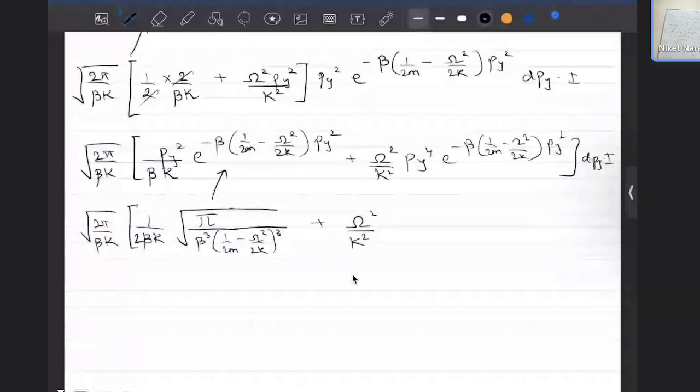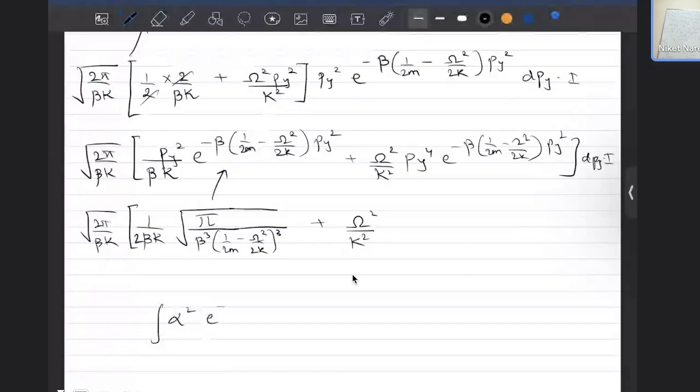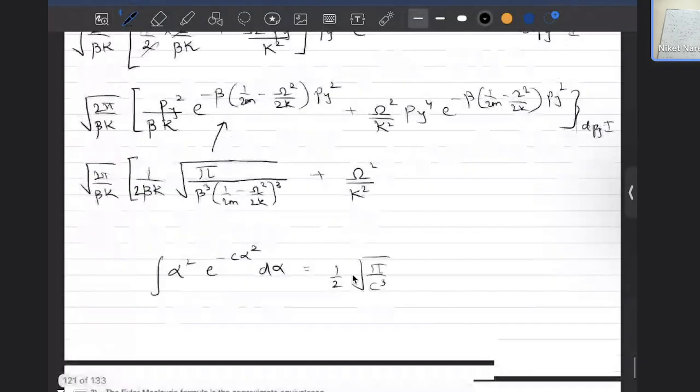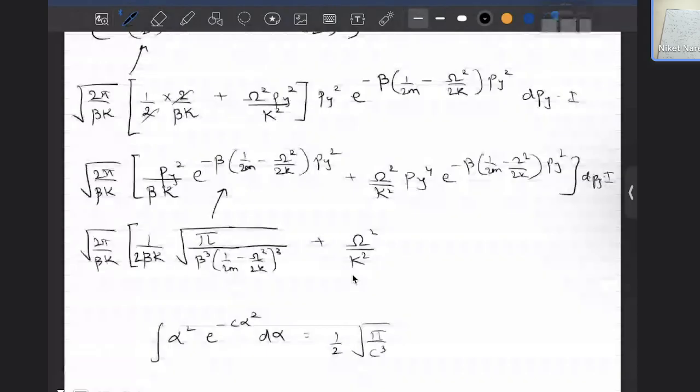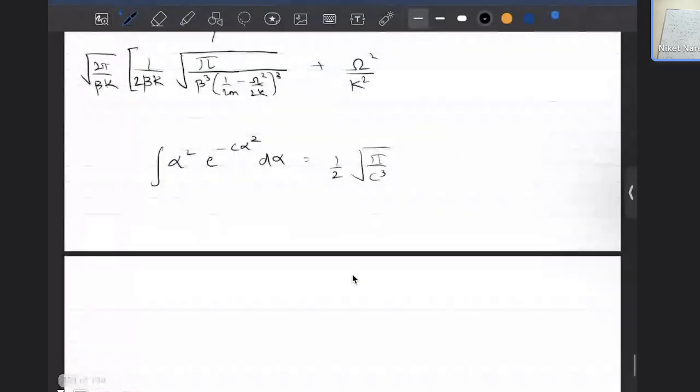Same thing, but this time for alpha power 4. We had seen till alpha square, right? The integral of alpha square e raised to power minus c alpha square d alpha was half square root of pi by c cube. Now take one more derivative of this with respect to c with a negative sign.